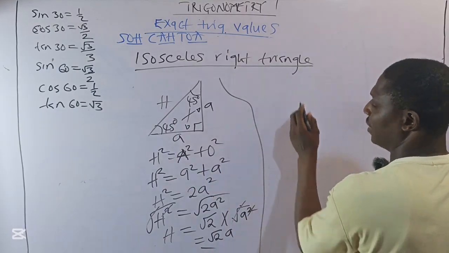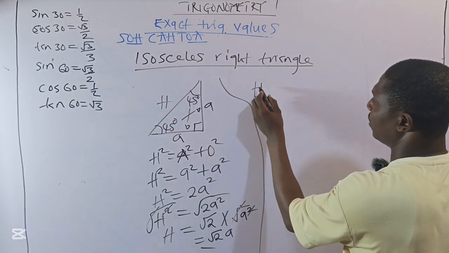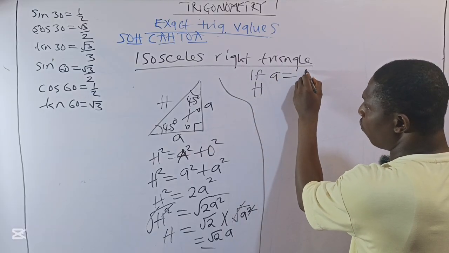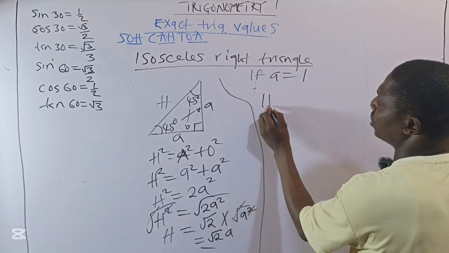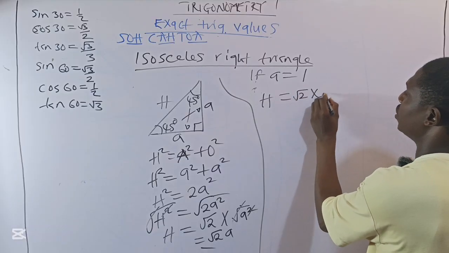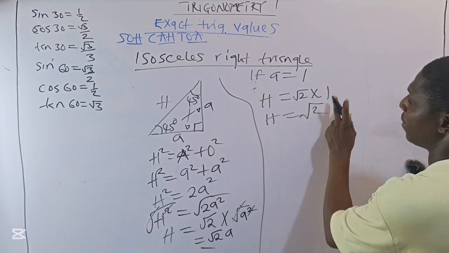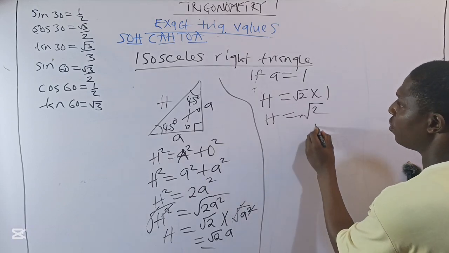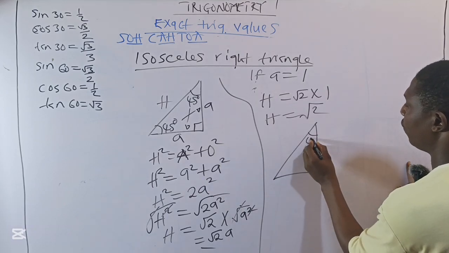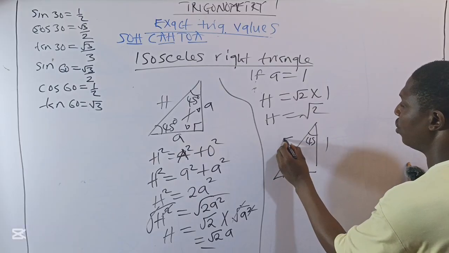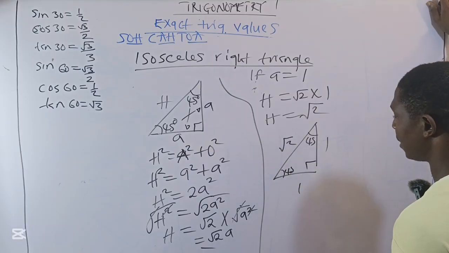If a equals 1, then I'll have h equal to root 2 times 1, which is root 2. My a is 1. So from my triangle, I can simply have 45 degree, 45 degree, and 1, 1, root 2. This is my right angle.